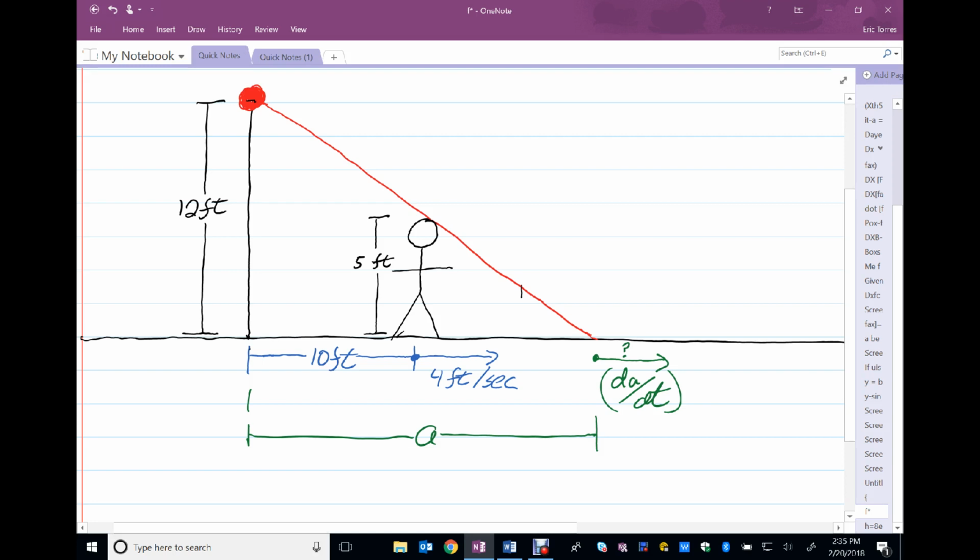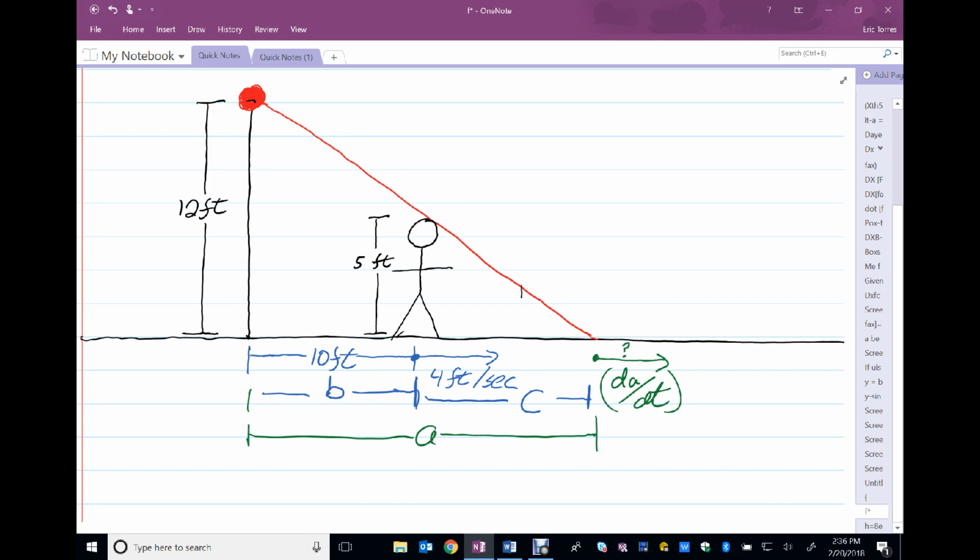The distance he is from the wall is currently 10 feet, but since he's moving, we really need to represent that with a variable, and I will call that variable B. And the distance from him to his shadow, which is this distance at the end of the shadow, I will represent with the variable C. So we know what B is at that moment in time. He's 10 feet, but again, it's changing.